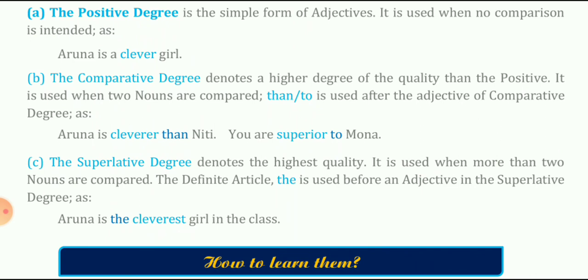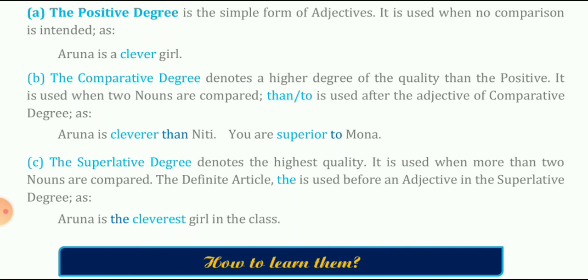Here we are able to know the quality of Aruna. Okay, but we are not making comparison of Aruna with another person. Only by looking at the word clever in the sentence, we can say this sentence is in positive degree.